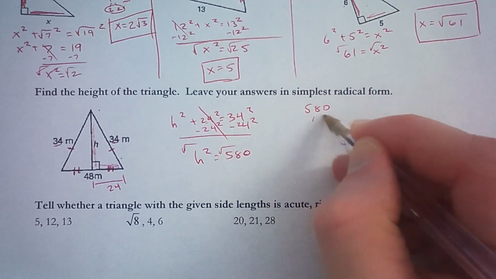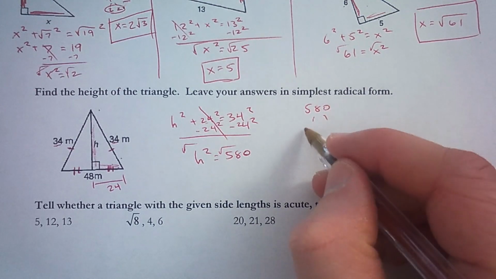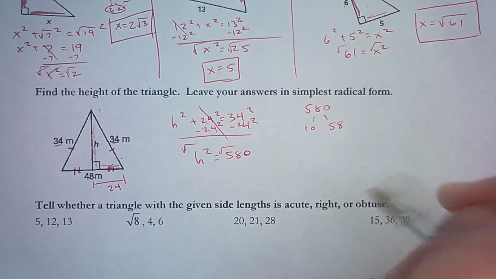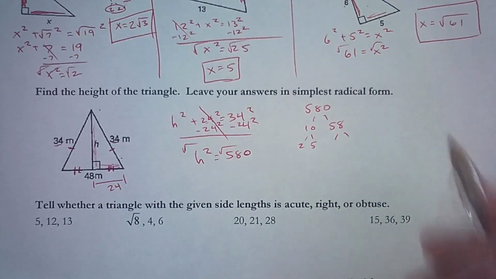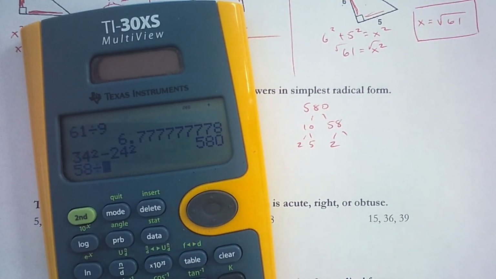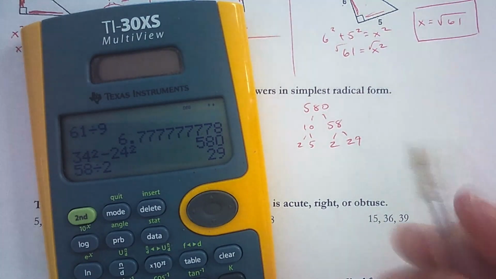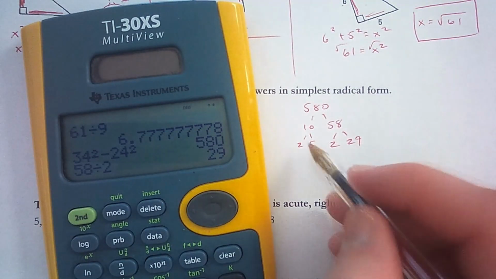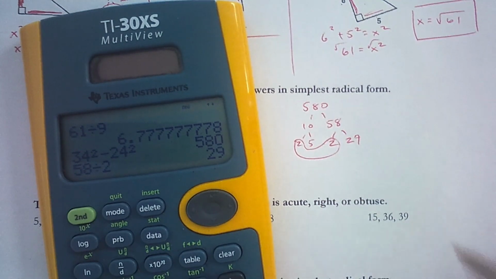So 580 is, let's say 10 goes in there, 10 times 58. 10 is 2 times 5. 58 is even, so it's divisible by 2. So let's see, 58 divided by 2 is 29. And 29 is a prime number, so the only pair that I'm getting is this pair of 2's.